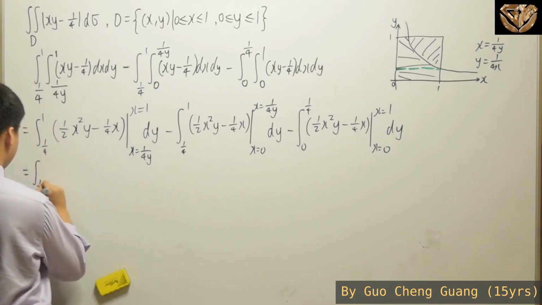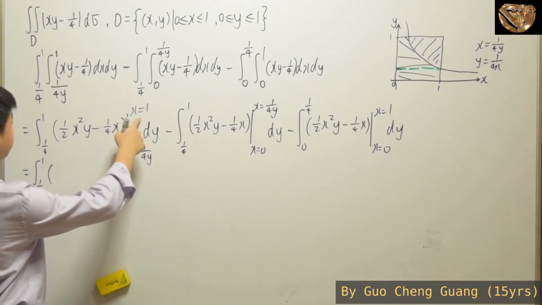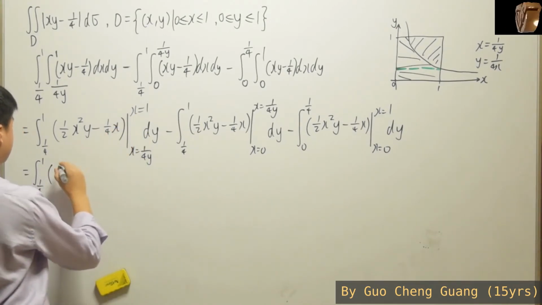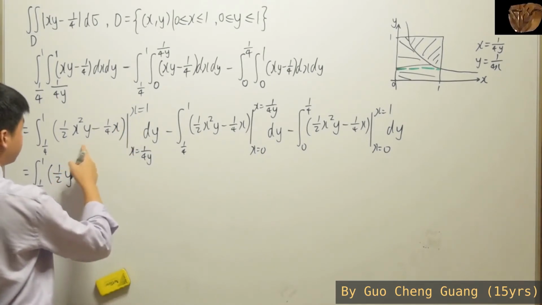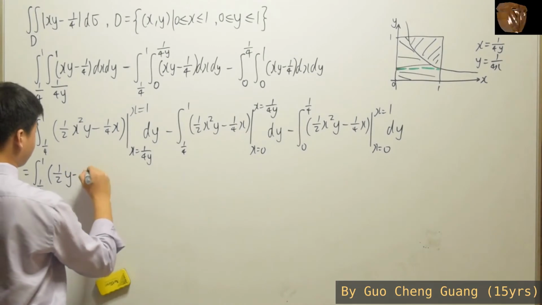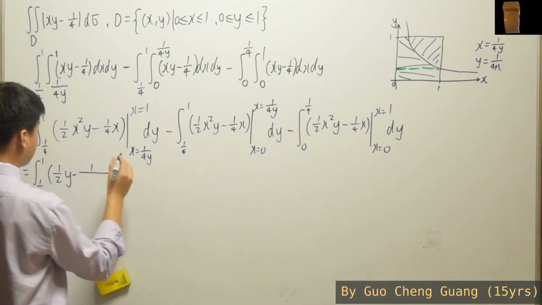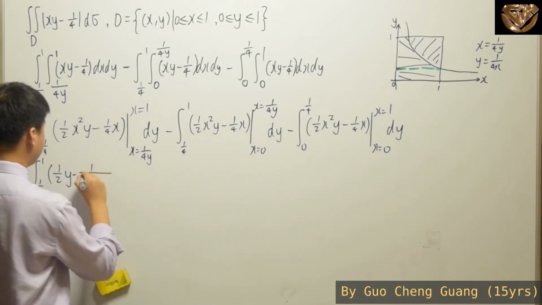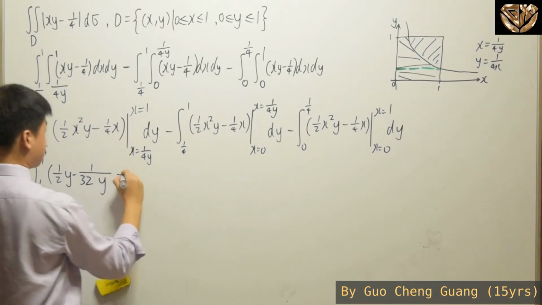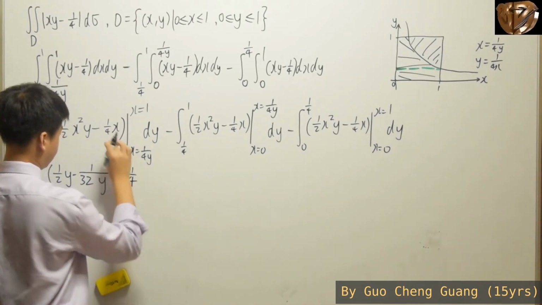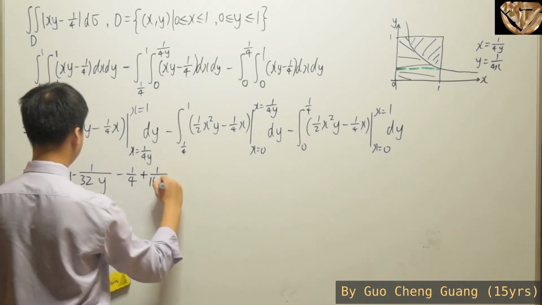So you will be seeing integrate from 1 over 4 to 1. Now, your first term, 1, so that means you'll have half y minus 1 over 4 squared times 2, so 1 over 32y, and then this part which is minus 1 over 4, and these two which will give you plus 1 over 16y.